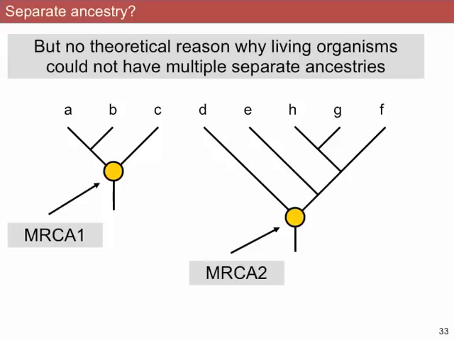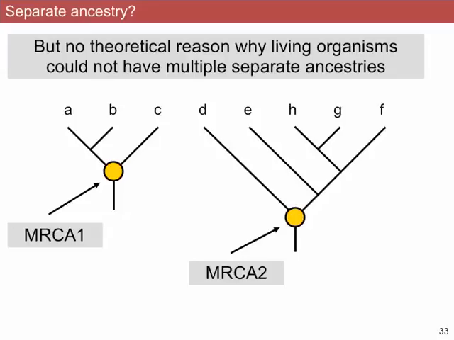But the tree could look like this. You could have one set of organisms that share a common ancestor with each other, and another set that share a separate common ancestor, and these lineages are not connected to each other. And that's in essence saying life originated twice.